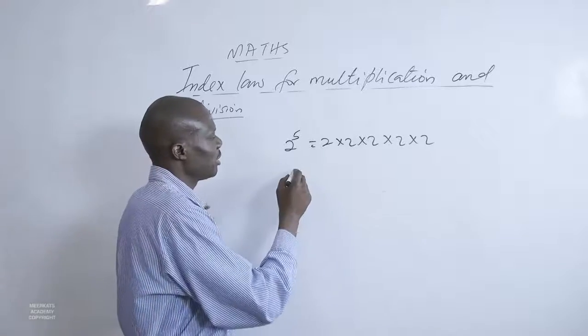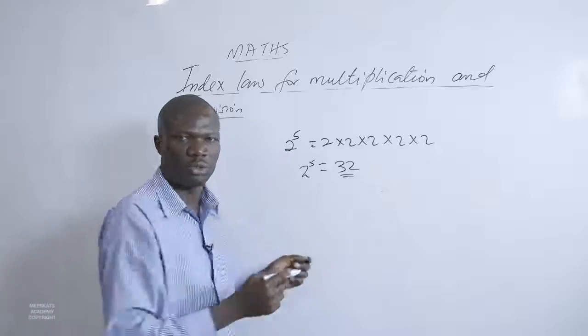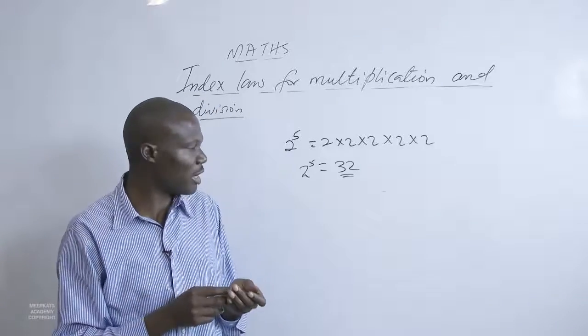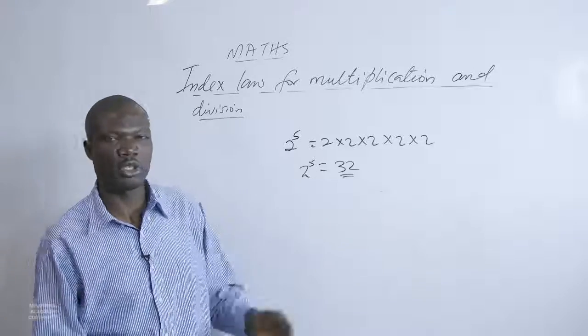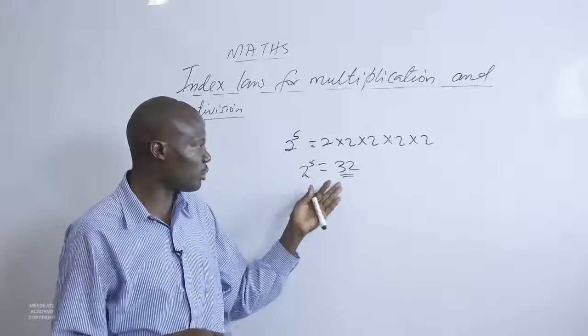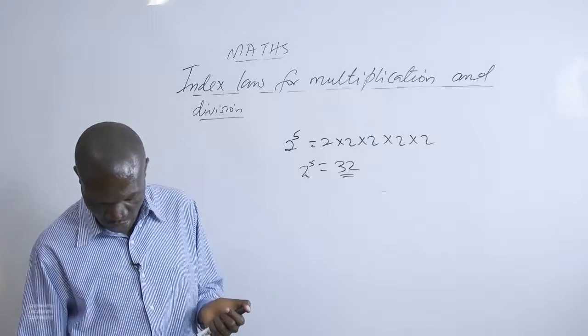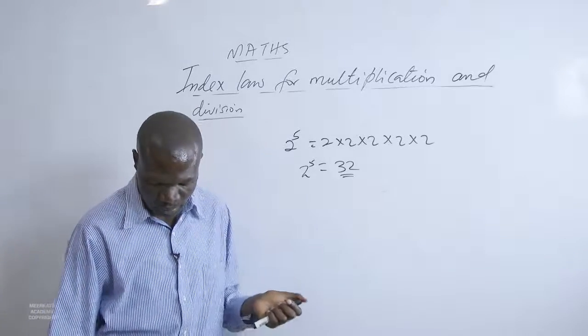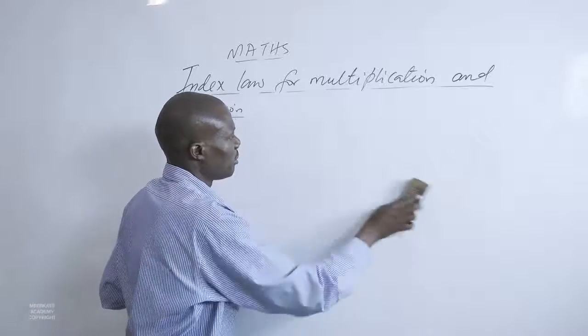Which implies that 2 raised to power 5 is the same as 32. So you can move from that index notation straight to what we call the decimal notation or the numeral. Another point to note.